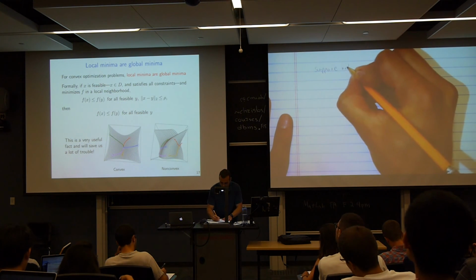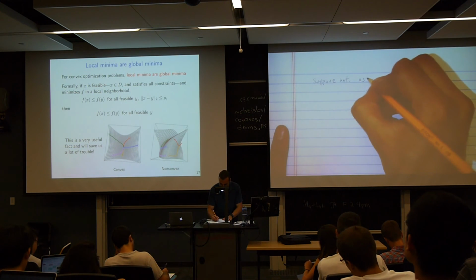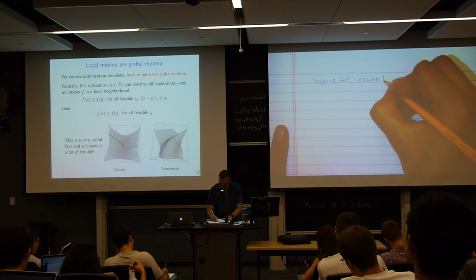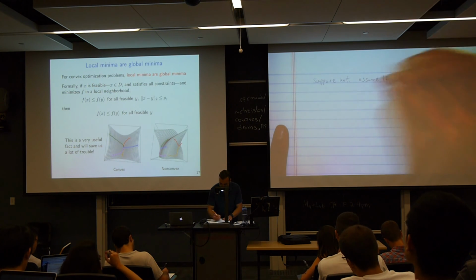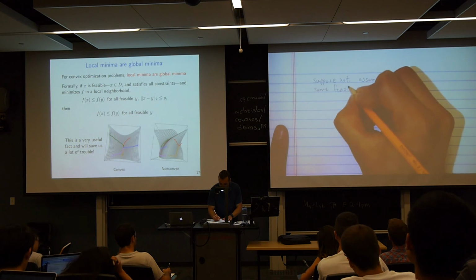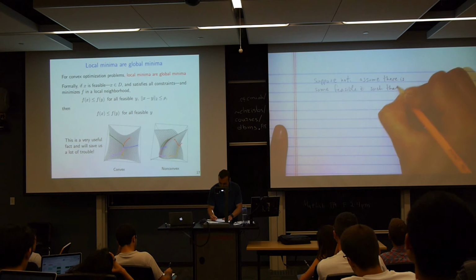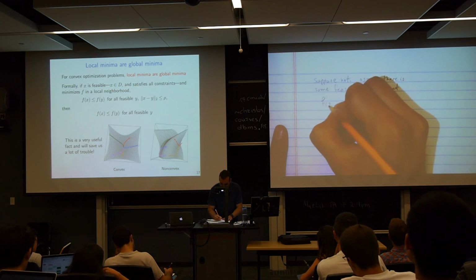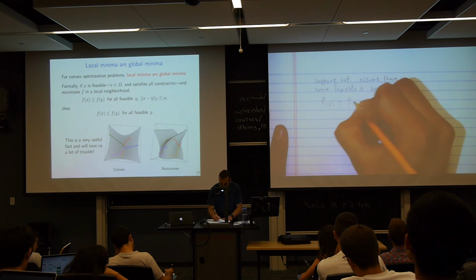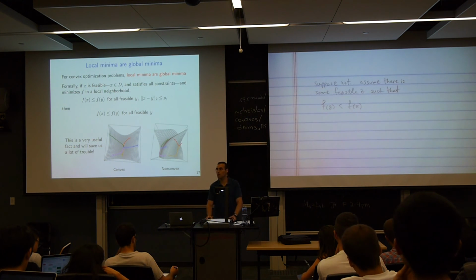So suppose not, and let's assume that there is some point z, and it has to be feasible, such that f of z is strictly less than f of x. So x is not globally optimal.